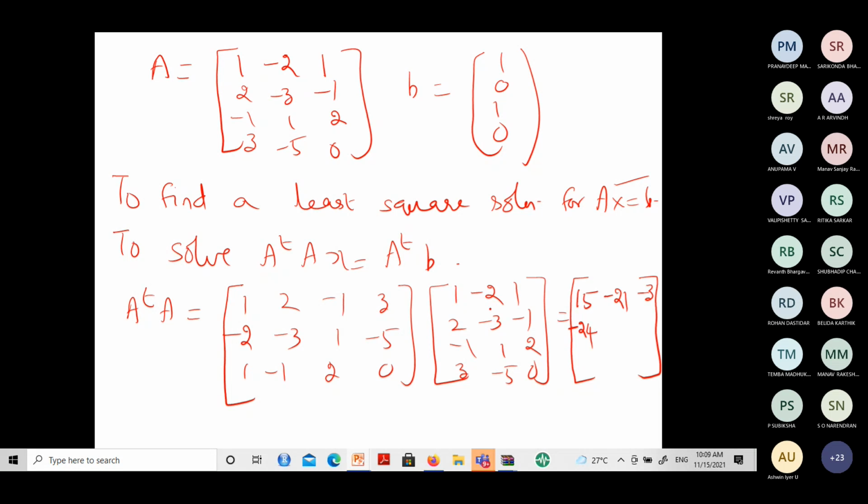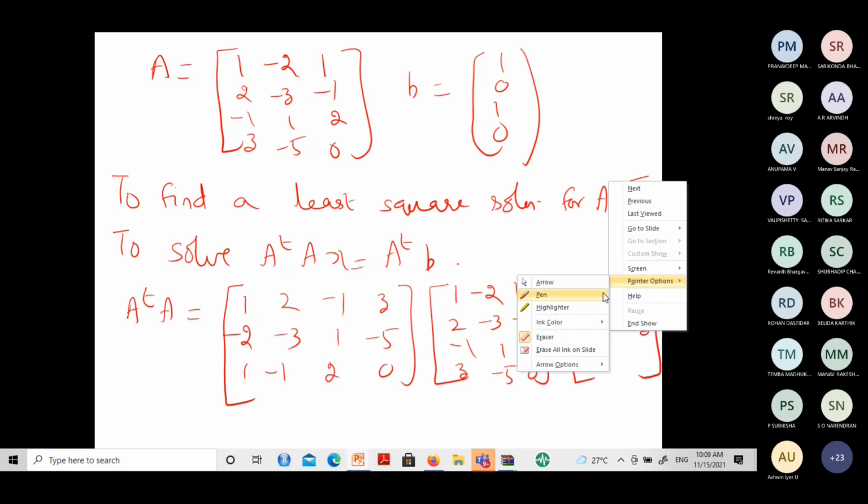Then 4 plus 9, 13, 14 plus 25, 39. Minus 2 plus 3, 1, 1 plus 2, 3. Check whether these values are right: 15, minus 21, minus 3, minus 24, 39, 3. Am I right?